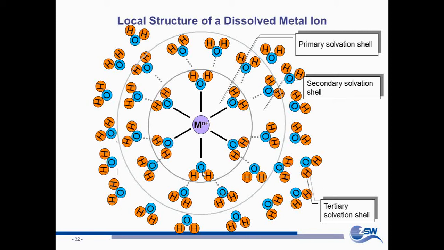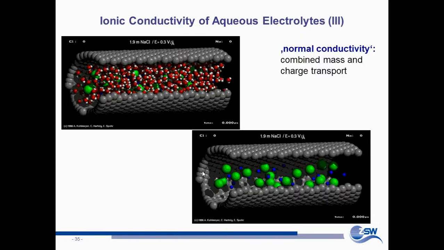So that's about the same situation as an ion that's moving through an aqueous electrolyte. It has a group of followers. We call them inner solvation shell, secondary solvation shell, ternary solvation shell, depending on the radius and on the charge of the ions, how wide these extend.